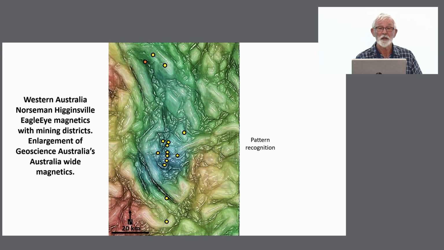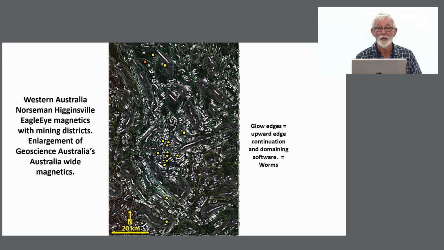Back to pattern recognition. Each of these little incremental steps brings you closer to actually seeing the structure. So now you can start to see the more minor structures starting to come in. This one is glow edges, which is an upward edge continuation, worming as it's called, and it domains out areas of similar magnetic intensity and gives them and the surrounding area a very sharp boundary.